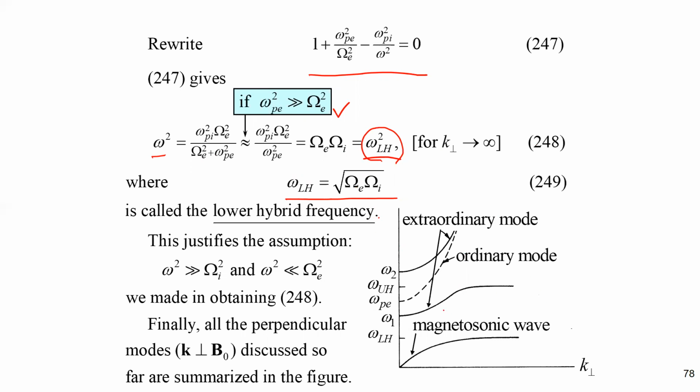So we have the extraordinary mode and the upper hybrid frequency. And under another condition, we have the magnetosonic wave, which is related to the lower hybrid frequency. This justifies the assumption that omega is somewhere between the electron cyclotron frequency and the ion cyclotron frequency.